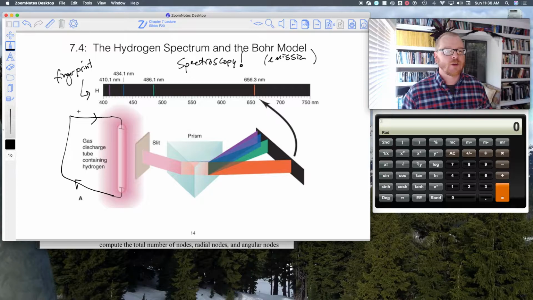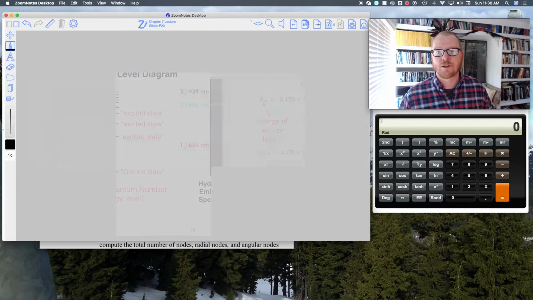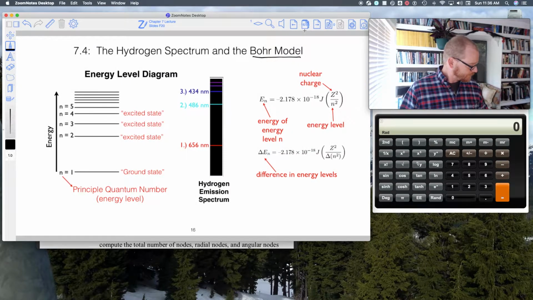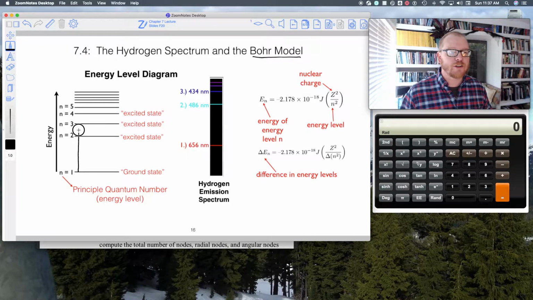We're pumping energy through this thing, giving it power. Maybe there's a battery hooked up or it's plugged into the wall or something like that. So energy goes in, and I'll draw that with these arrows.